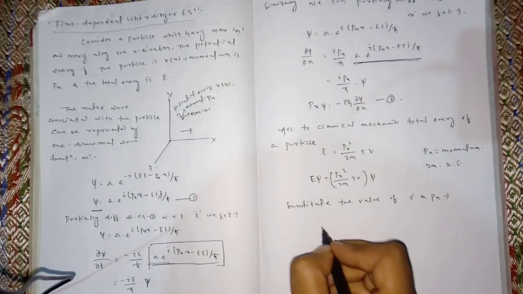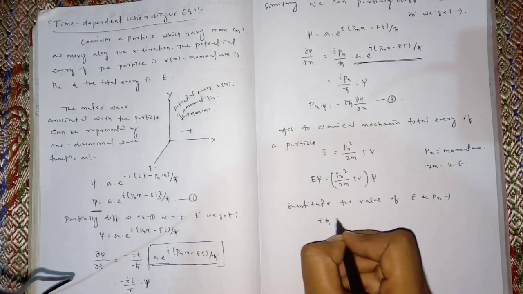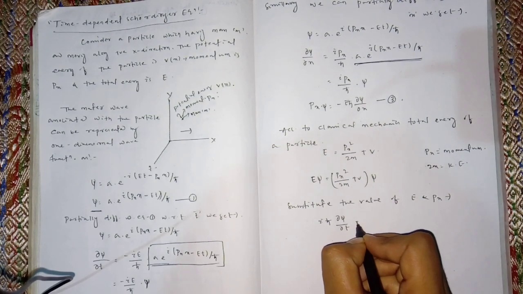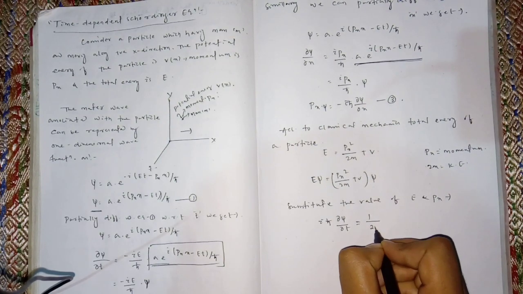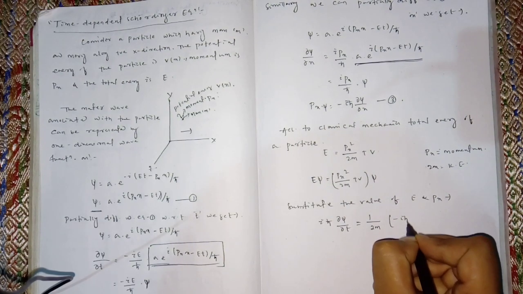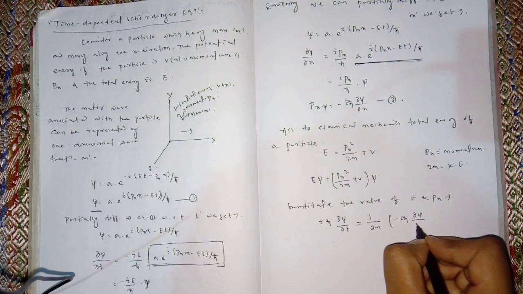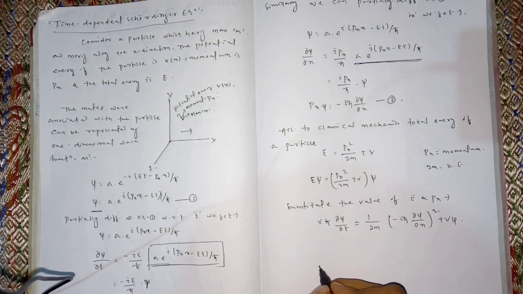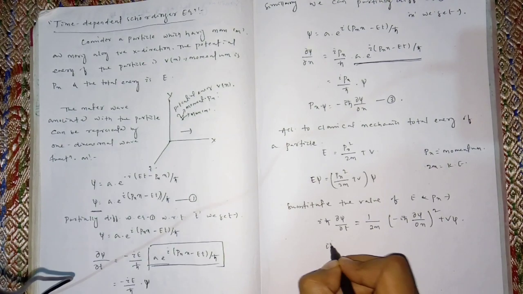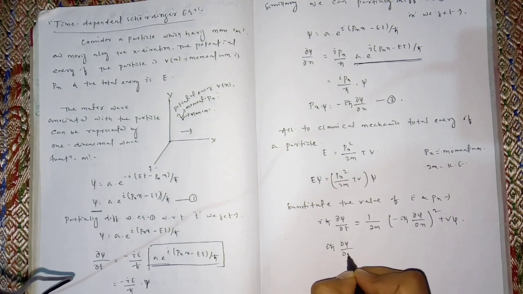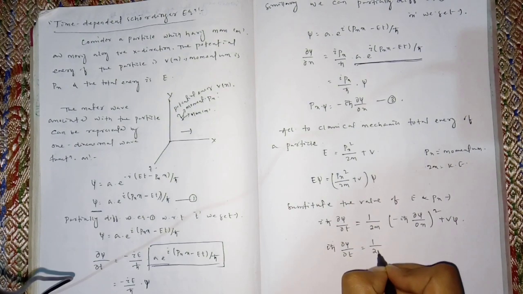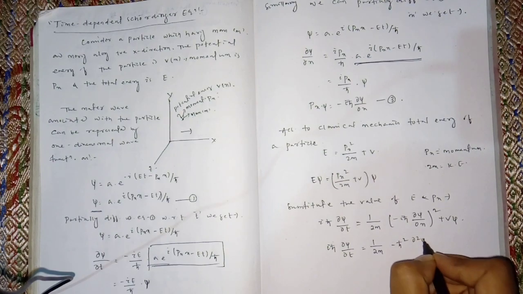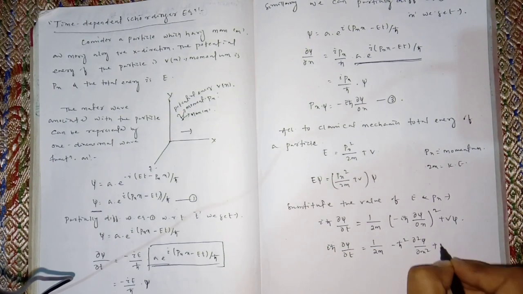Then we get i h cross dou psi by dou t equals 1 by 2m into minus i h cross dou psi by dou x whole square plus V psi. So we can also write i h cross dou psi by dou t equals 1 by 2m into minus of h cross square dou square psi by dou x square plus V psi.